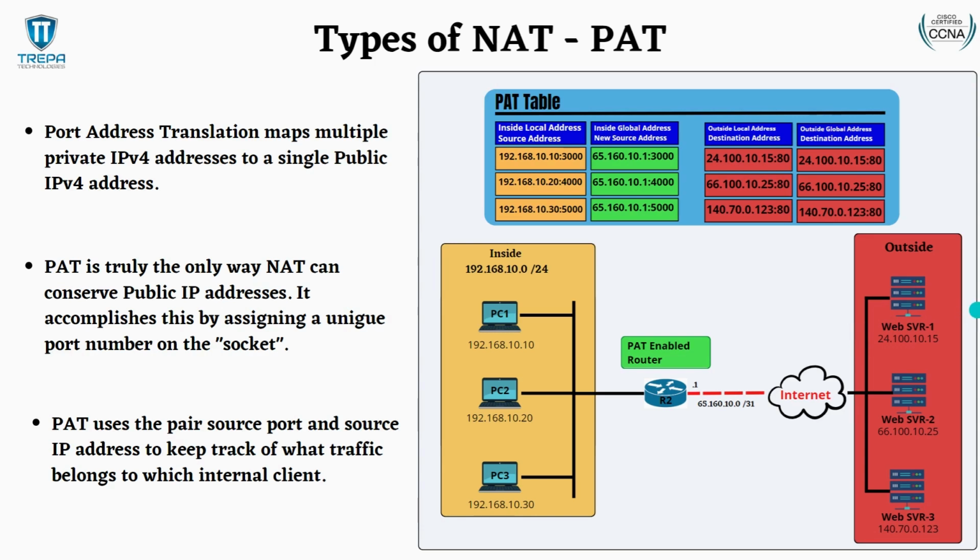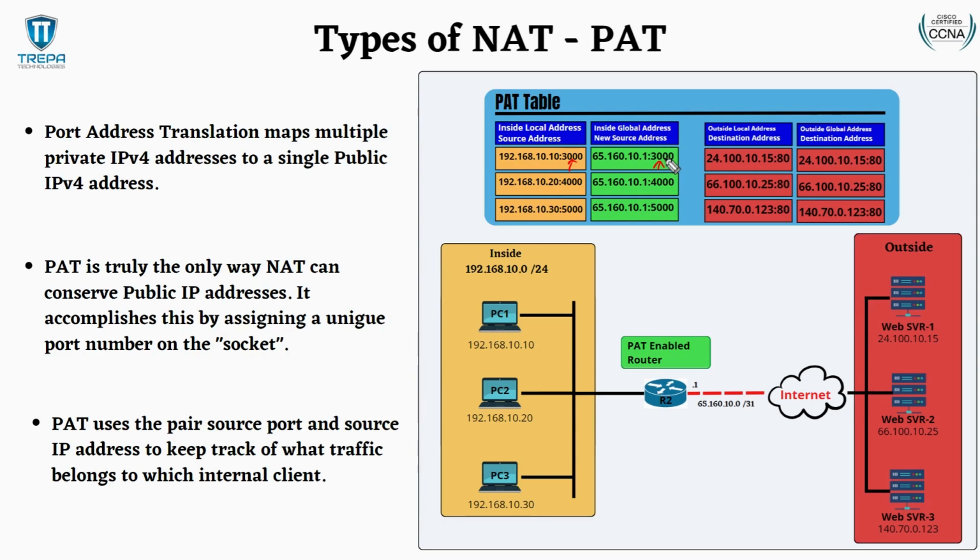PAT. So with port address translation, this is going to allow multiple mappings of private IP addresses to a single public IPv4 address. And we do this by changing the port in the socket. So PAT is truly the only way NAT can conserve public IP addresses, right?